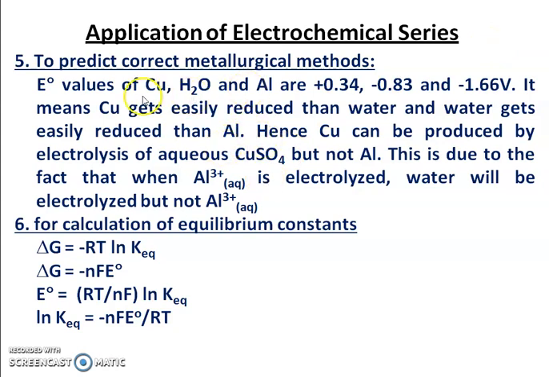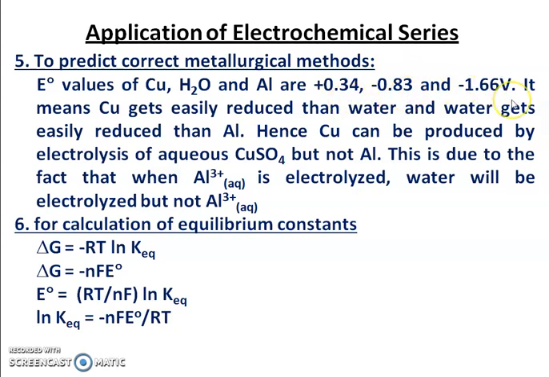Let us take an example. Here we have given the E0 values of copper, water and aluminium. The values given are 0.34, minus 0.83 and minus 1.66 volts. That means aluminium is placed at the top of the electrochemical series, whereas copper is placed below. So these values tell us that copper will have a greater tendency to be reduced as compared to water, and water will have a greater tendency to be reduced as compared to aluminium.